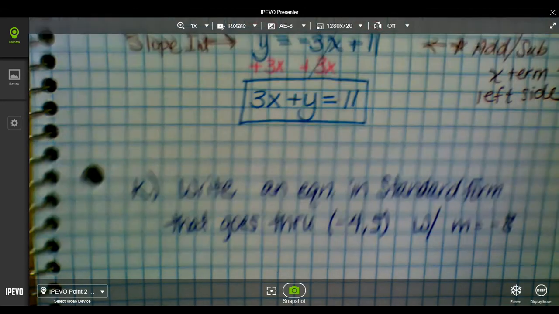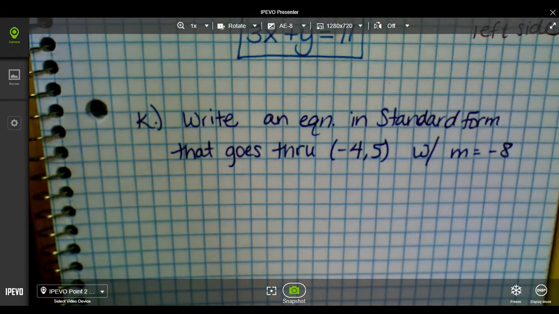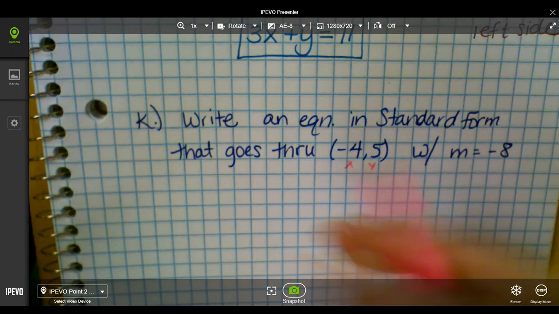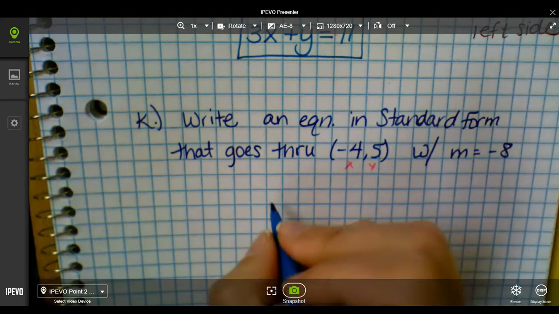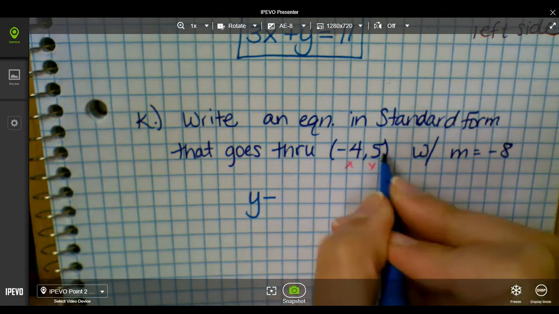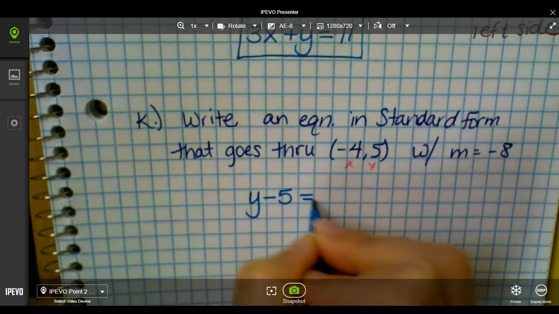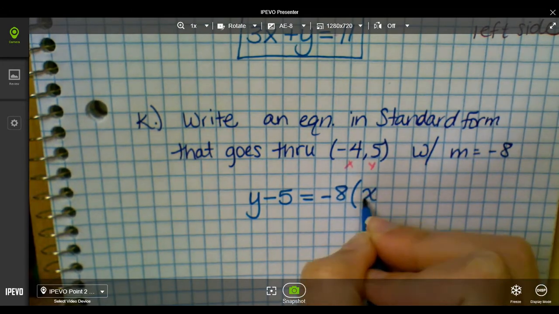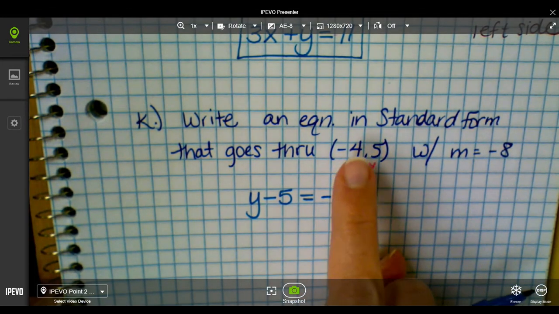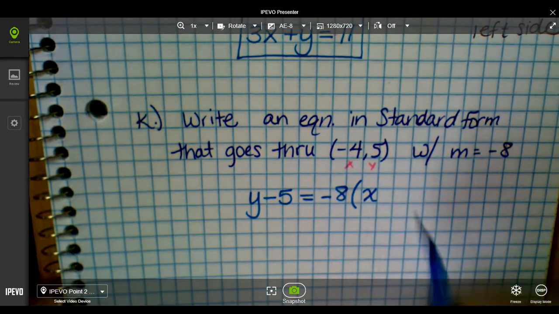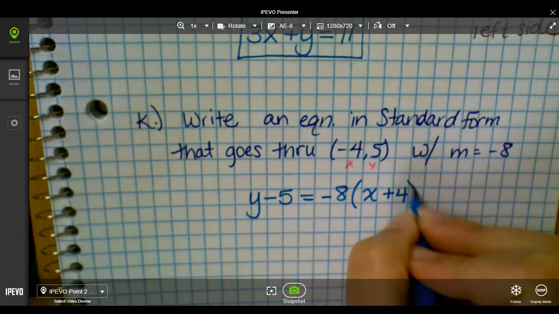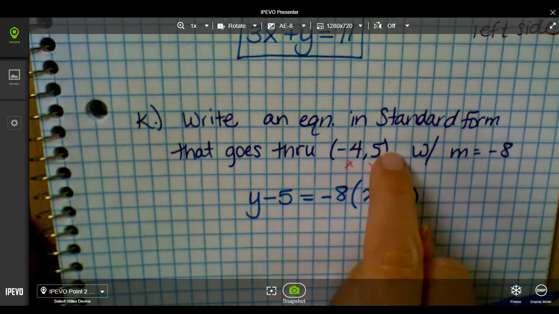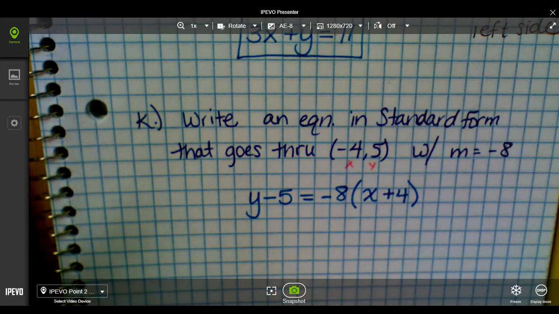So again, this isn't too bad. We still have to start with point slope. So let's label our x and our y here. So we have y minus y1, so y minus 5 in this case equals our slope, which is -8 times x minus x1. So again, when we're doing x minus -4, minus a negative means a plus. I always want that opposite sign in there. So the 5 should look negative, the 4 should look positive.